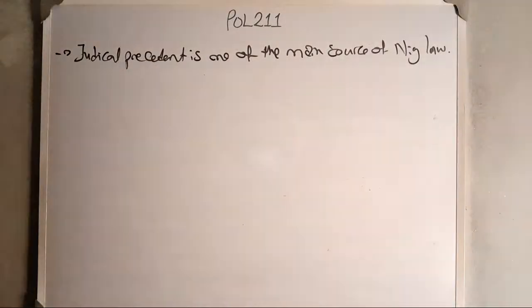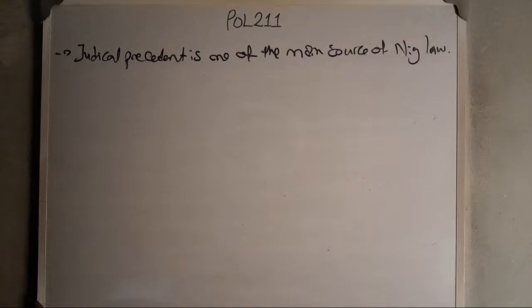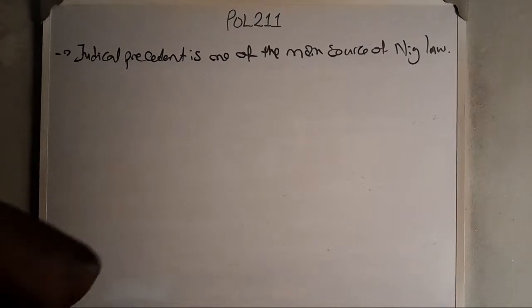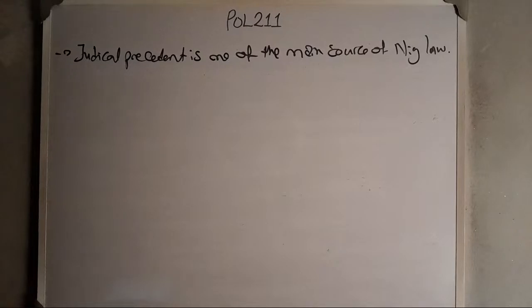Now, when we say judicial precedent, what are we talking about? It is a judgment or decision of a court cited as an authority for the purpose of persuading the court to decide a particular or a similar case on the same principle as the previous one.